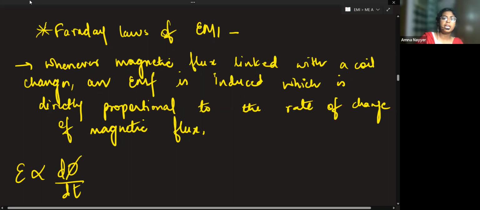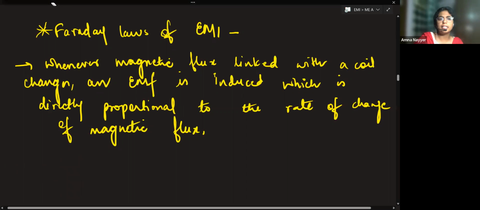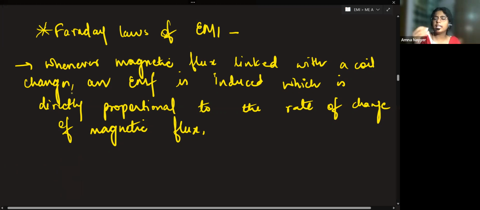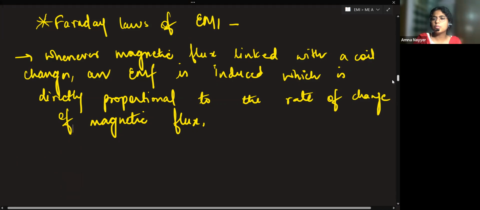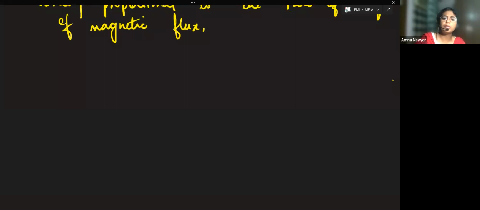Now, before we directly jump onto this, let's write it in this manner. Let's understand it in a little more detail than what we are studying. Rate of change of magnetic flux means whatever is the change in magnetic flux with respect to time.